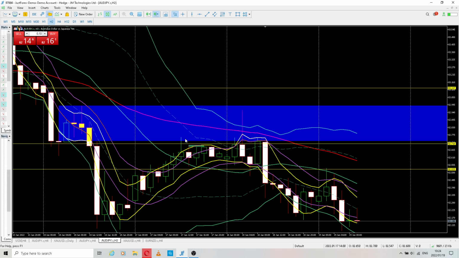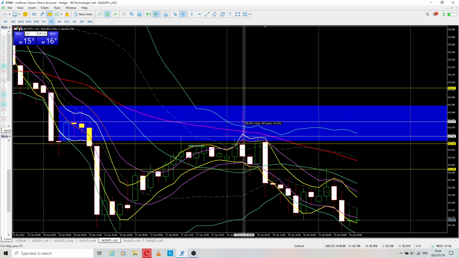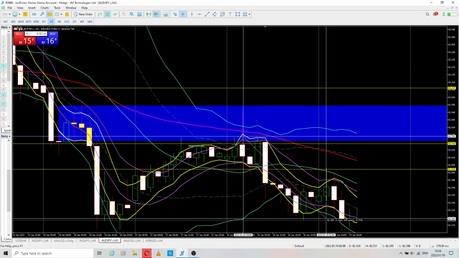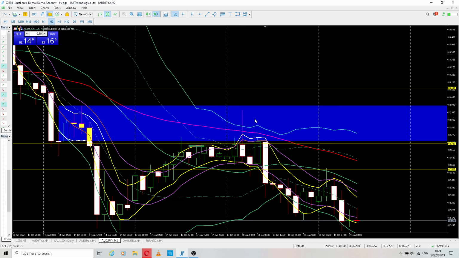After that, when the market opened the Asian session, look what happened. Liquidity grab, then the market shut down. Once they take that liquidity, the market will start running to the bottom side. That is what I was talking about when I said the market will make a liquidity run.